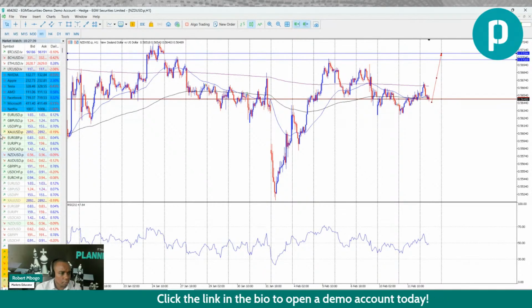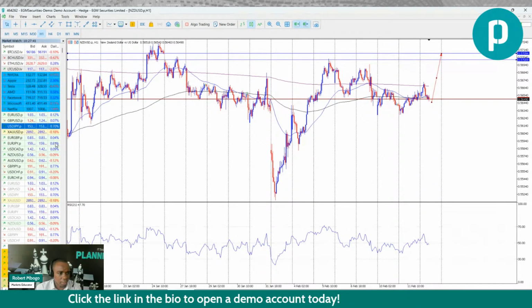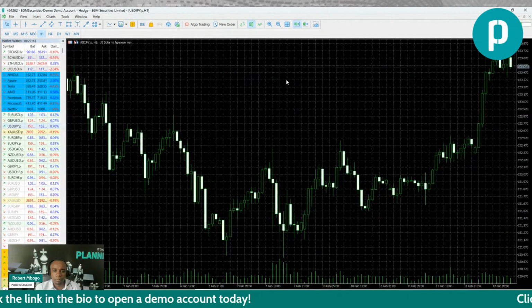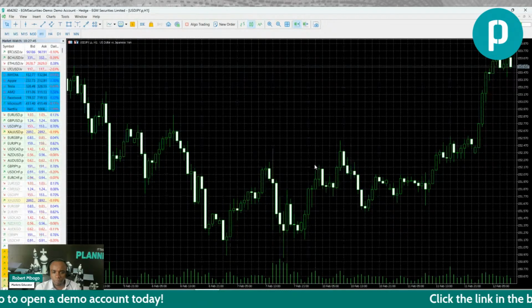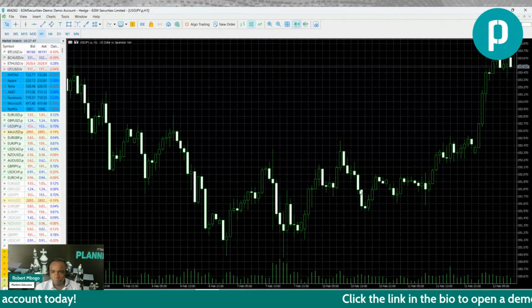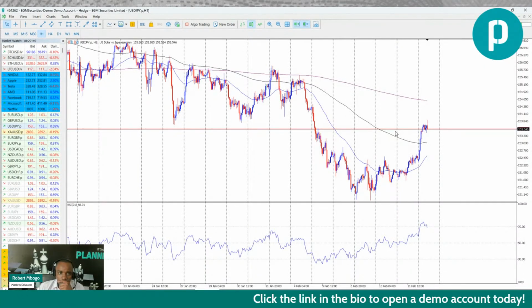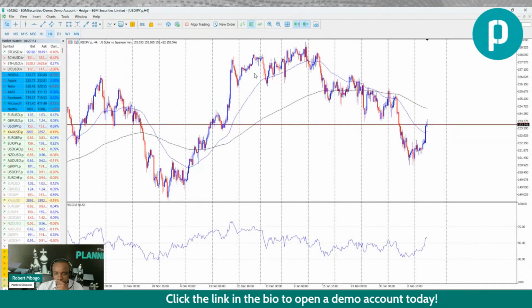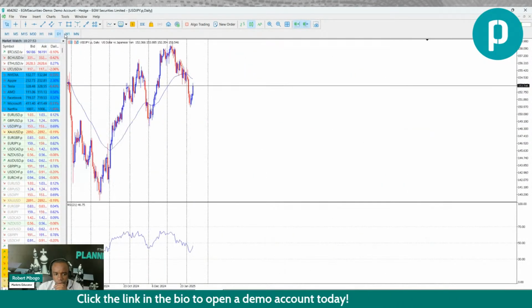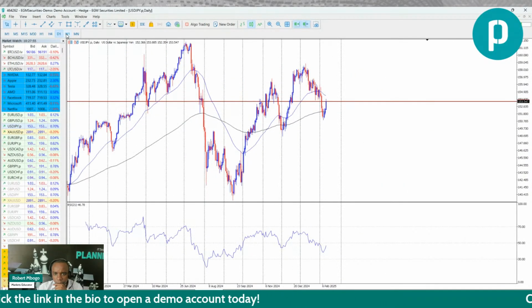The other one we are looking at is USD JPY. Let's go to higher time frames.